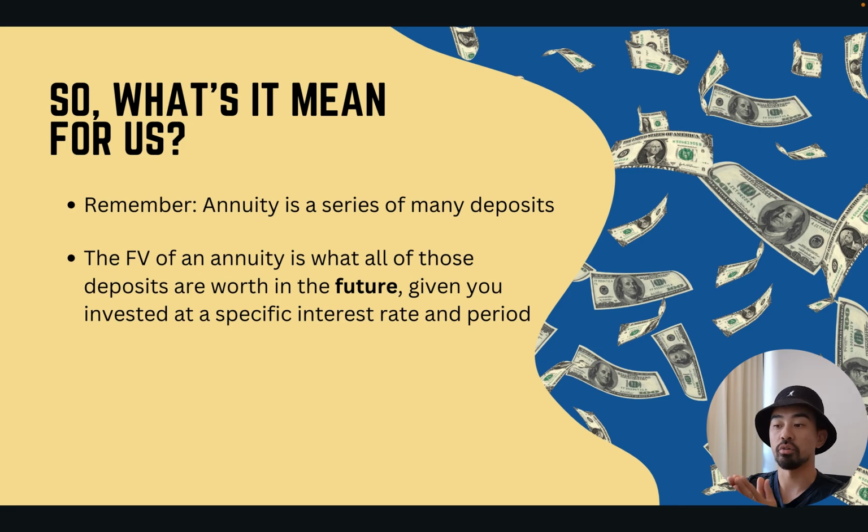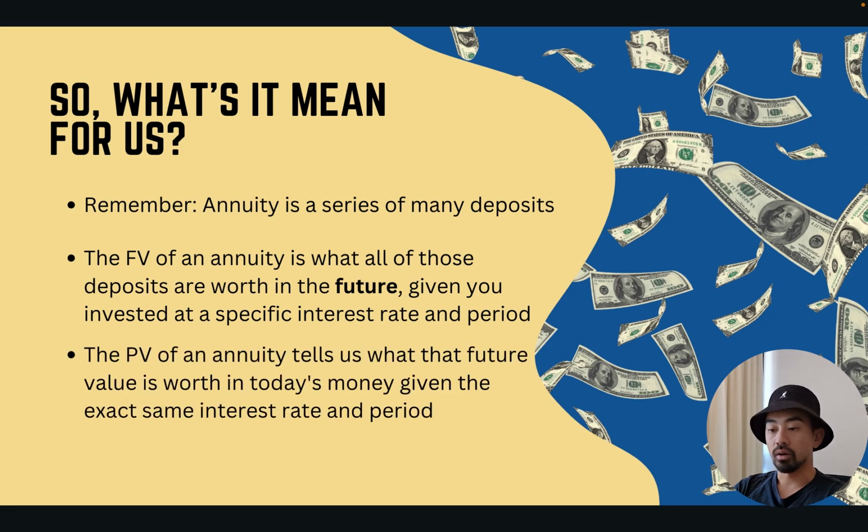So if you watch the video of future value and annuities, you will have learnt that summing all those deposits is our future value. Okay, so the present value of annuity just tells us what is that future value worth in today's money given the same interest rate and the same period. Okay, so what is that future value worth now in today's dollars?